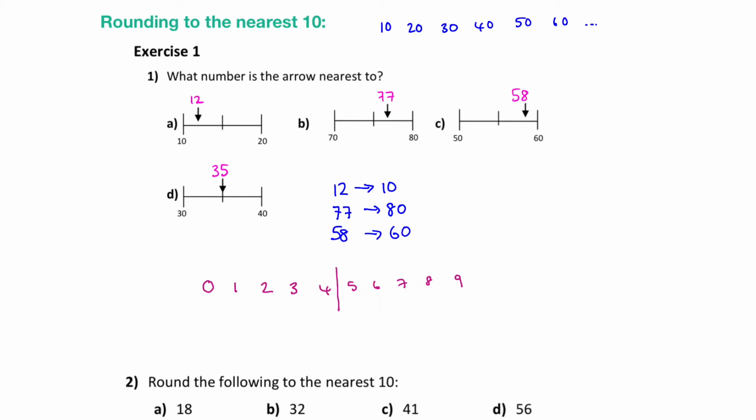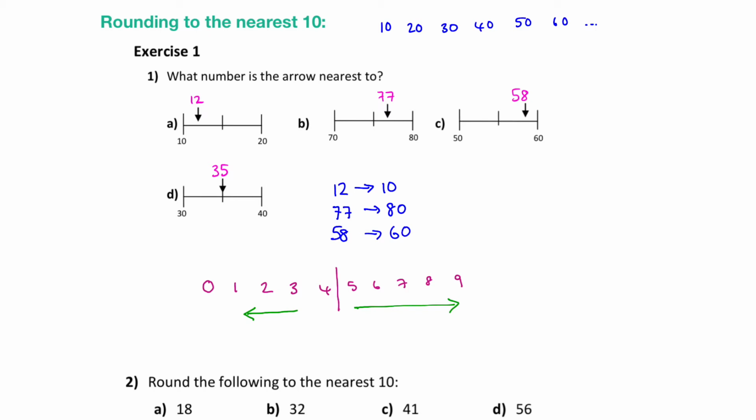So we make the decision in maths, or the rule is, that if your number ends with a 0, a 1, a 2, a 3 or a 4, it's the number in the 10 times table that's below the number we started with. And if it ends with a 5, 6, 7, 8 or 9, we go to the number in the 10 times table that's just above it.